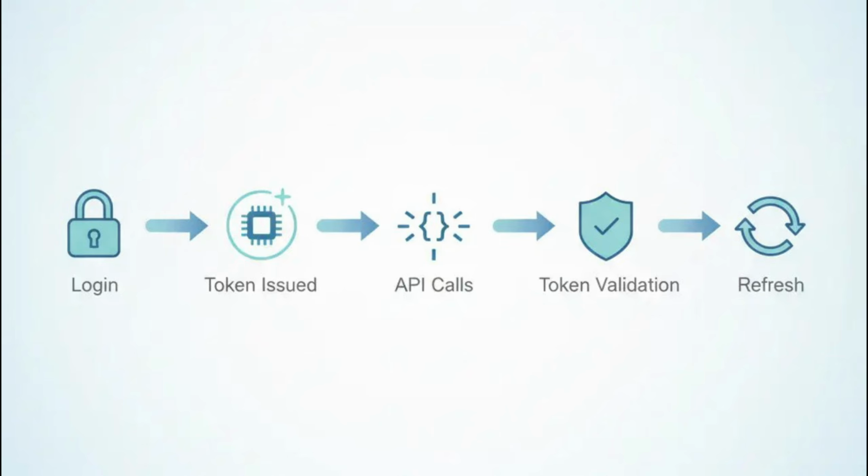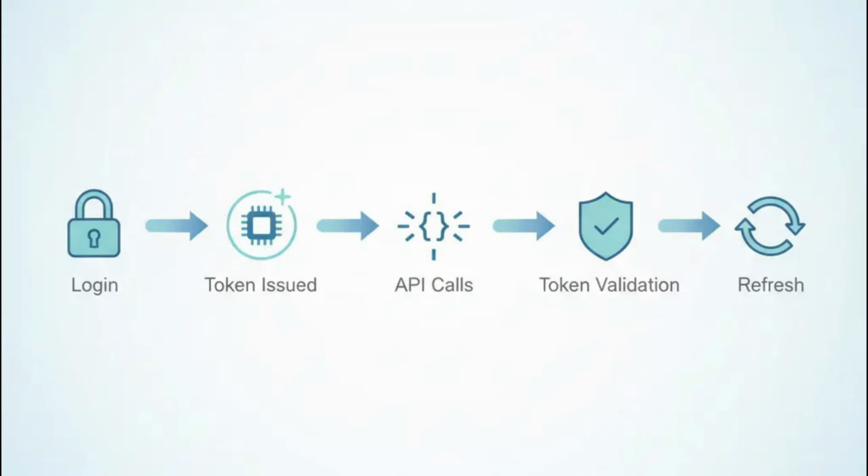Okay, now I will present the full JWT flow overview. Here is the flow we will explain end to end. 1. Client sends credentials to login. 2. Server verifies credentials. 3. Server issues tokens: access token, optional refresh token. 4. Client stores token securely. 5.